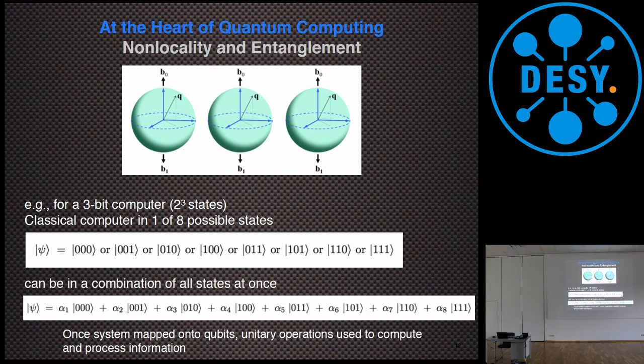So a quantum device has the same number of states. It has 8 states corresponding to the z orientations of the 3 qubits, but the big difference is that you can put this computational device into a linear combination of all of those states at once. So you can put this quantum device into, for instance, this state, which is alpha 1, 0, 0, plus and so on, all the way to the end.